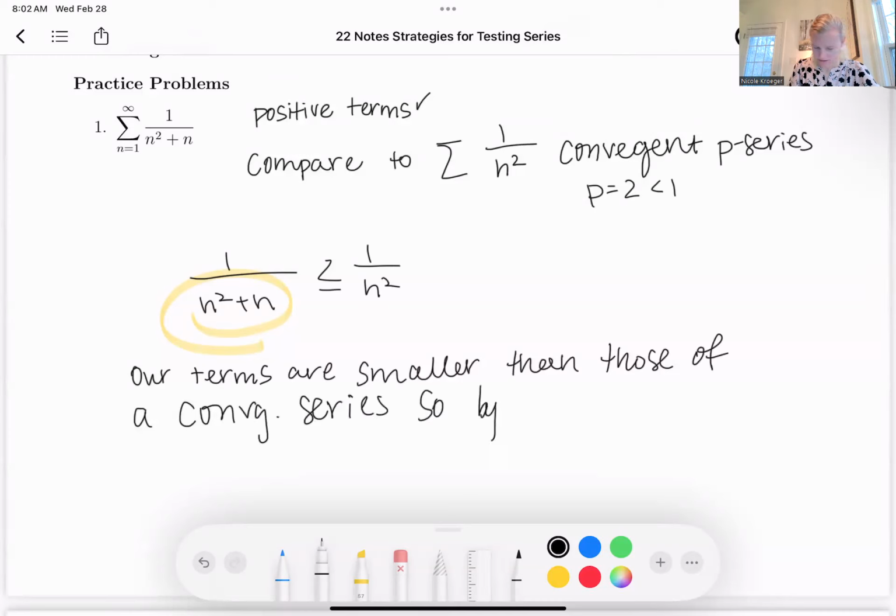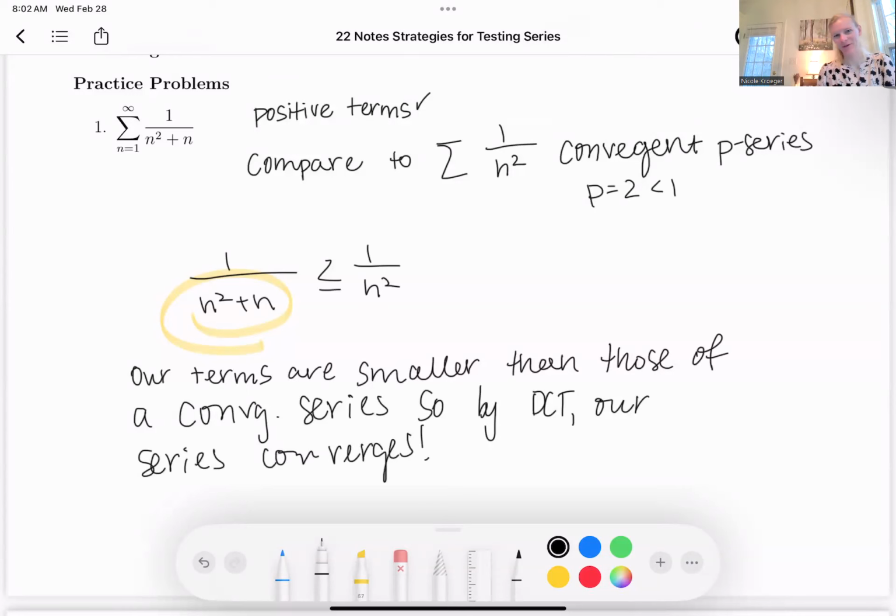So by the direct comparison test, our series converges. Okay, it's a lot to write, especially while you're watching me write here, but you want to make sure to write out all that detail.